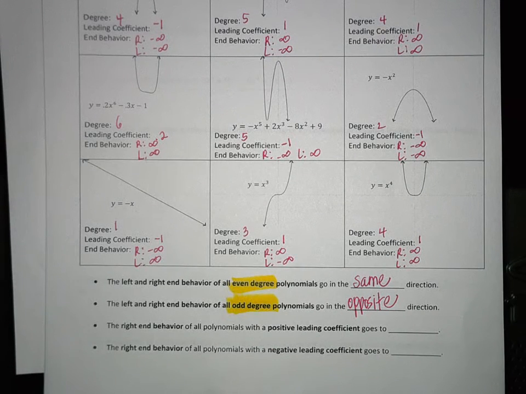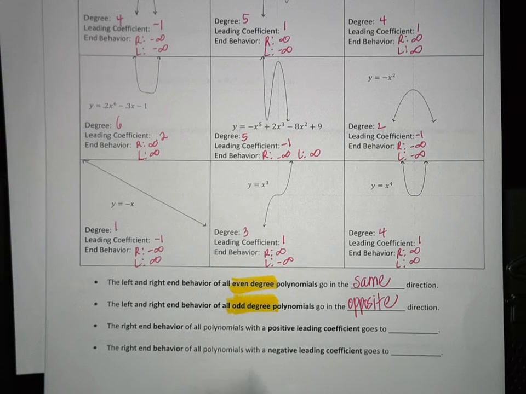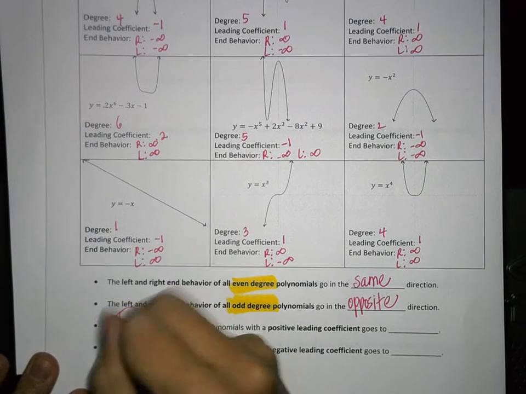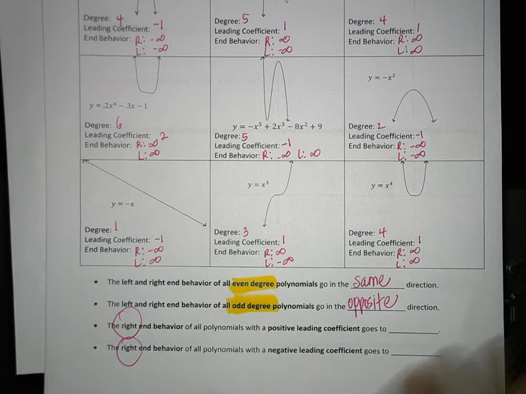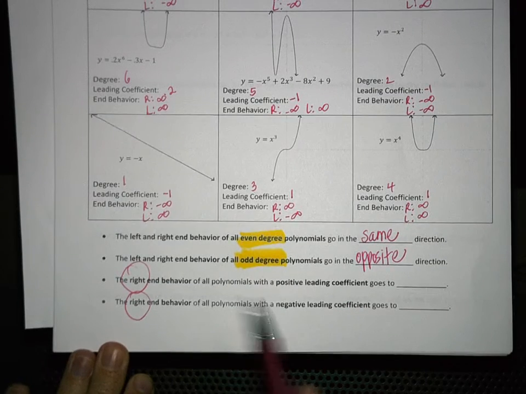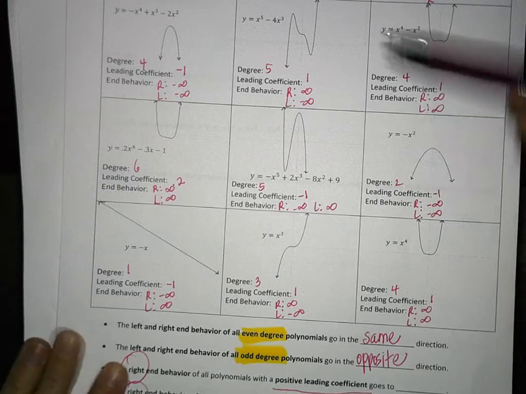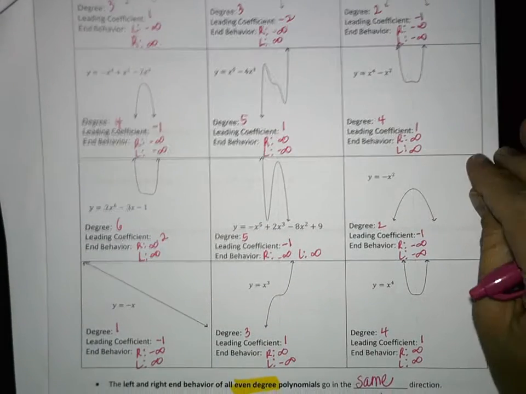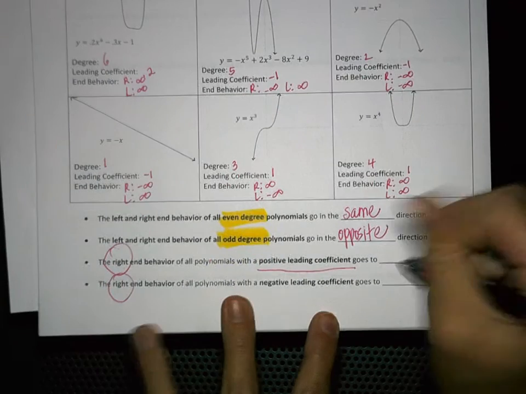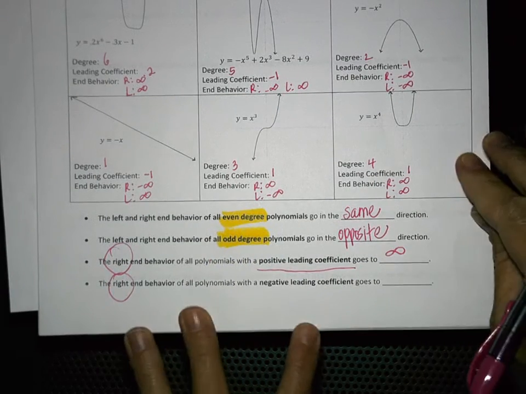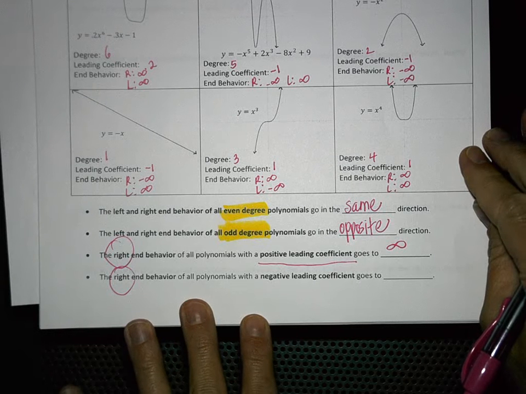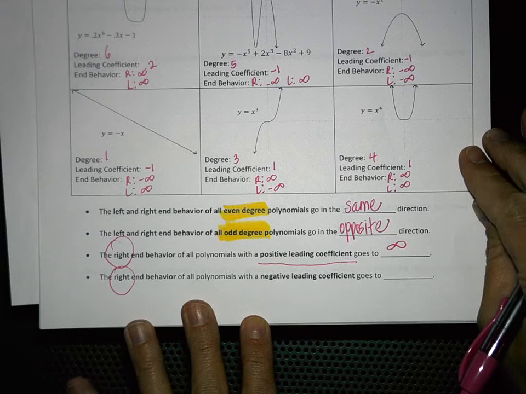So now the next thing, it says the right end behavior. And so we are only looking at the right side. The right end behavior of all polynomials with a positive leading coefficient. Look at the positive leading coefficients, and what does the right end behavior do on all those? Very good, they all go to positive infinity. So if the leading coefficient is positive, the right side goes to positive infinity.